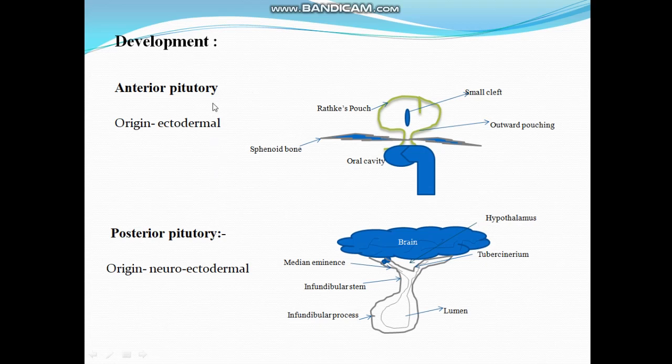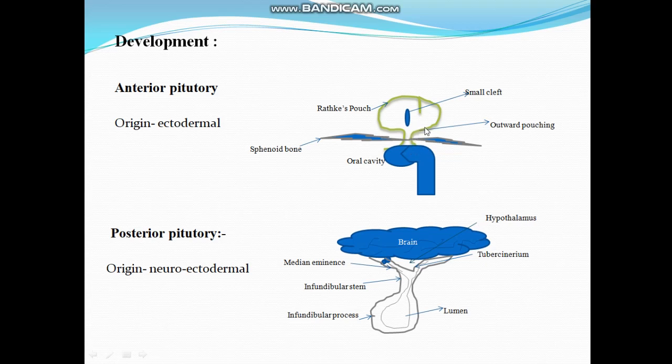Now see the embryological development of the anterior pituitary gland and posterior pituitary gland. In origin, the anterior pituitary gland is different from the posterior pituitary gland, because the anterior pituitary gland originates from the ectoderm of the roof of the oral cavity in embryological life.